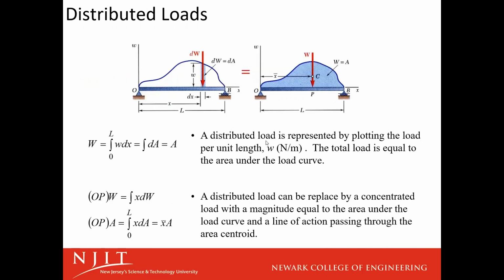Let's look here though. The distributed load is represented by plotting the load per unit length. So each little individual area of this is going to be load per unit length, individual dx, infinitesimal length, dW, the infinitesimally small amount of weight being applied at that one particular area of length.